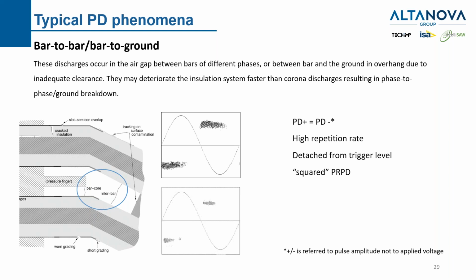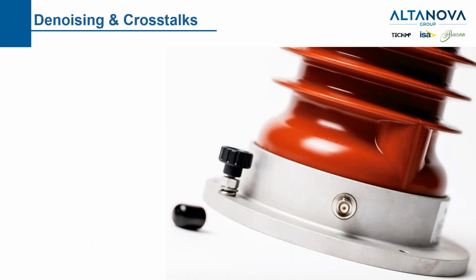Obviously, when you go on site and make the test, you can always find a mix of these, an overlap of these, and it's important to carry out a proper data analysis. To carry out a proper data analysis, the first step is to identify and remove the noise occurring in the generator measurement and the eventual phase-to-phase crosstalks.